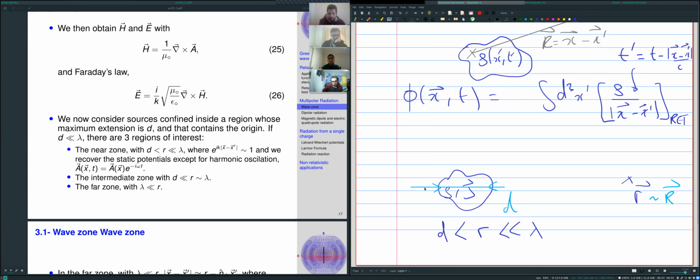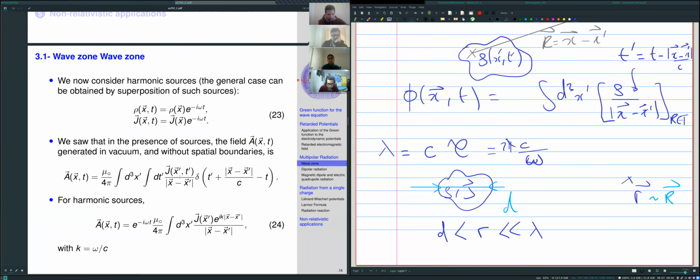Where the wavelength lambda is the speed of light times tau, the period, okay? So that would be C over 2 pi omega, I think. And omega is this oscillating sources term, okay?